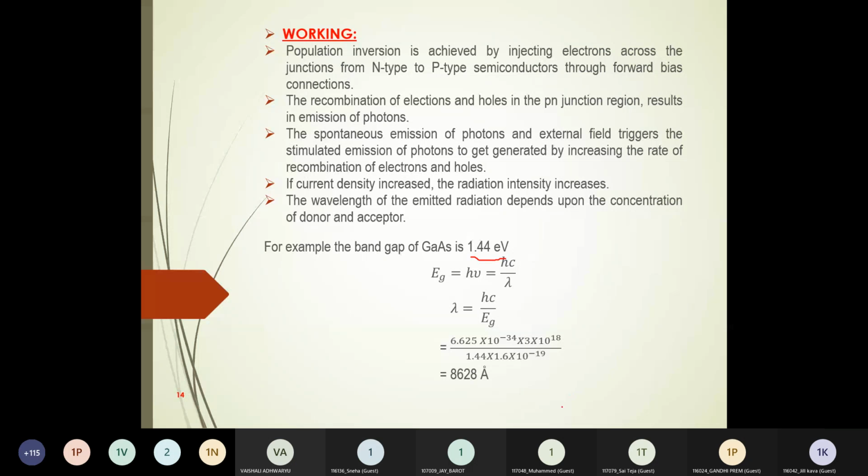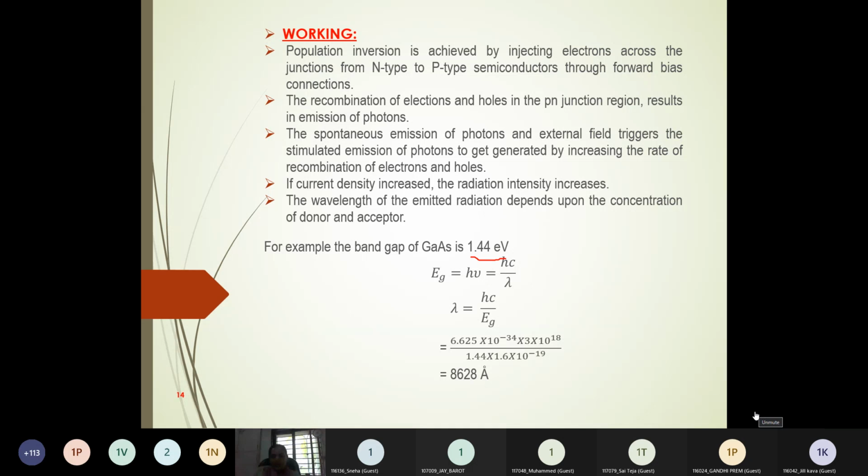She has mentioned the wavelength. So that much wavelength corresponds to which color? I hope you are all busy with Google. Who will give me the fast answer? I'm waiting.